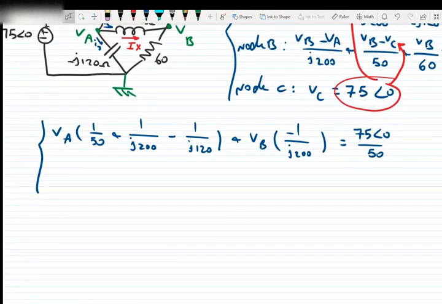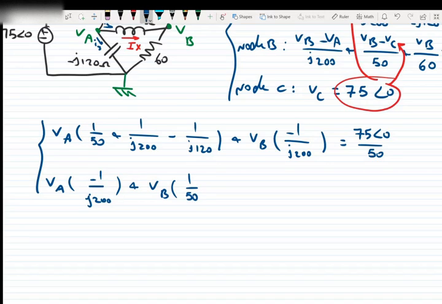First equation. The second equation is VA times negative 1 over J200 plus VB times 1 over 50 plus 1 over 60 plus 1 over J200, which is equal to again 75 with the angle of 0 over 50.